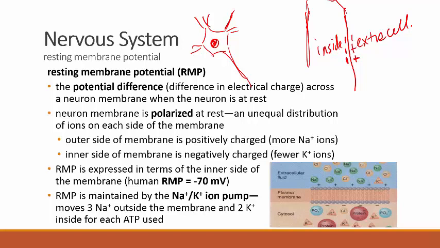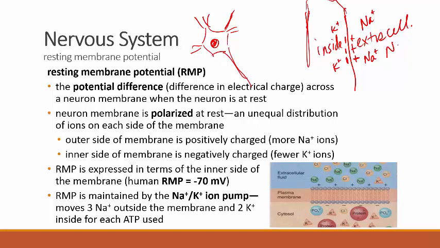So the interior is always going to be the point of reference, and what is giving it this charge differential is the fact that there are lots and lots of sodium ions on the outside, and inside we see fewer potassium ions.